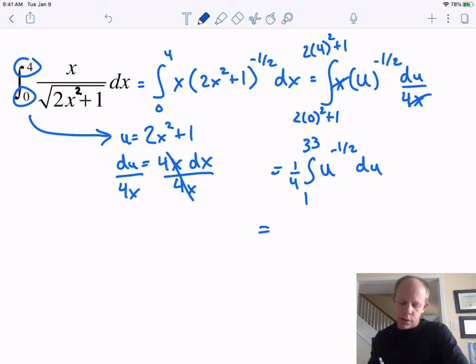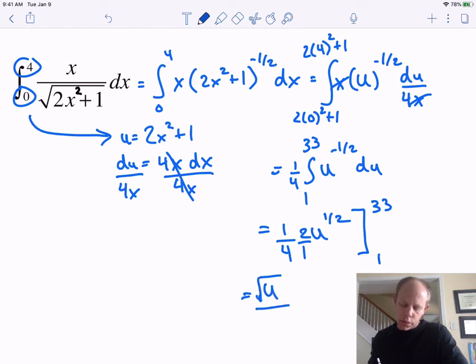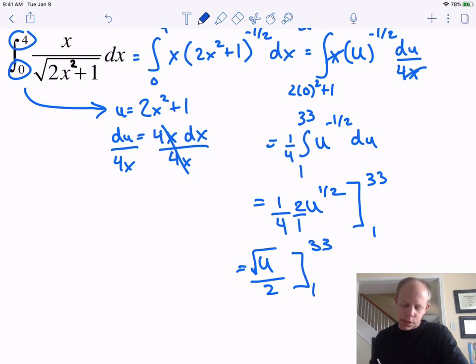All right, so let's go ahead and find that antiderivative. So we're going to add 1 to negative 1/2, so that'll be positive 1/2. And then instead of dividing by the fraction, we're going to multiply by that reciprocal, 2 over 1. And then we evaluate this from 1 to 33. All right, so it looks like we get u to the 1/2, or the square root of u over 2, evaluated from 1 to 33. So we're going to substitute that top number in first, square root of 33 over 2.